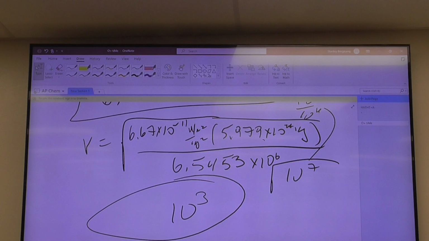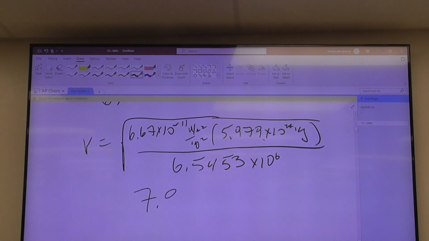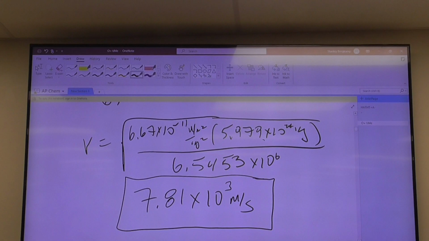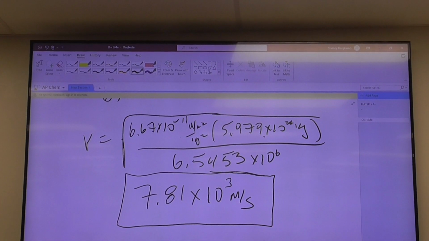And then give me that answer in scientific notation. 7.81 times 10 to the third. Cool. Okay? It matches, right? 7.81 times 10 to the third.